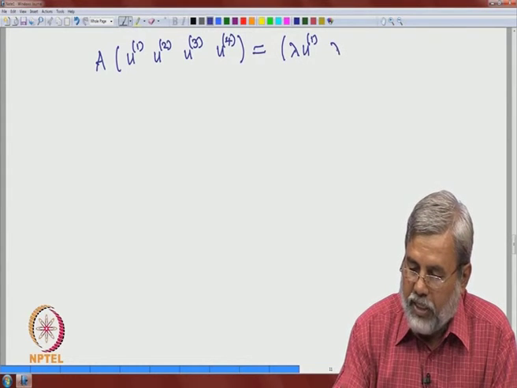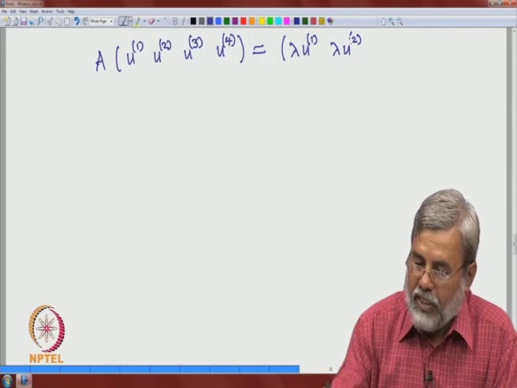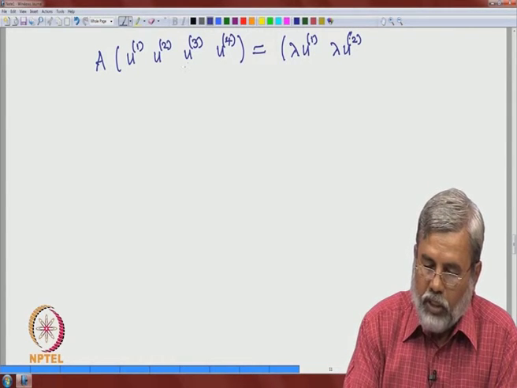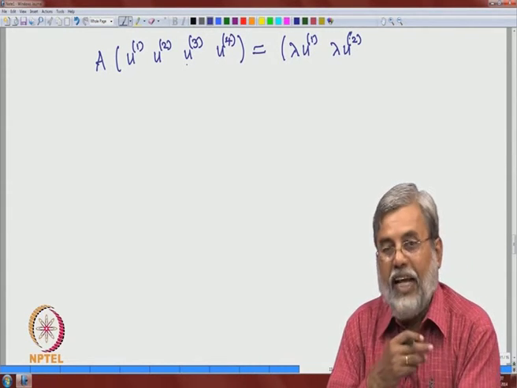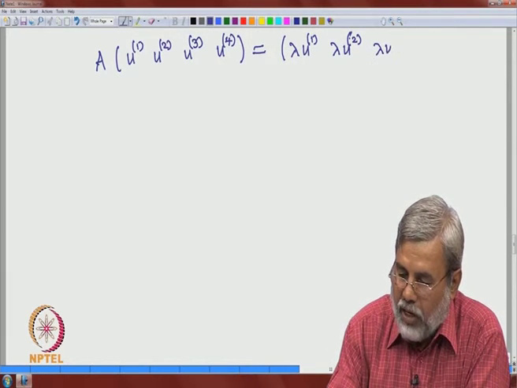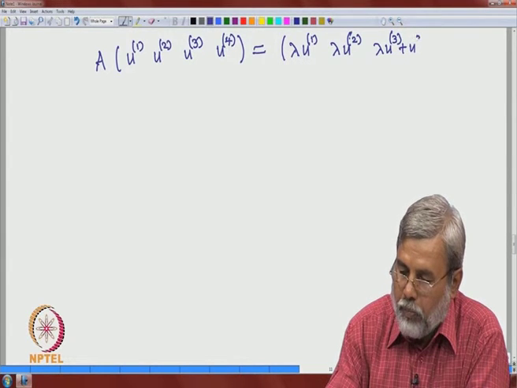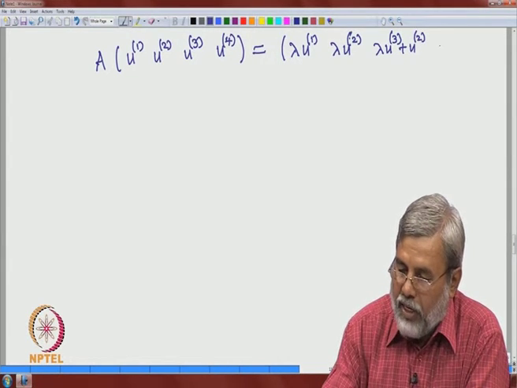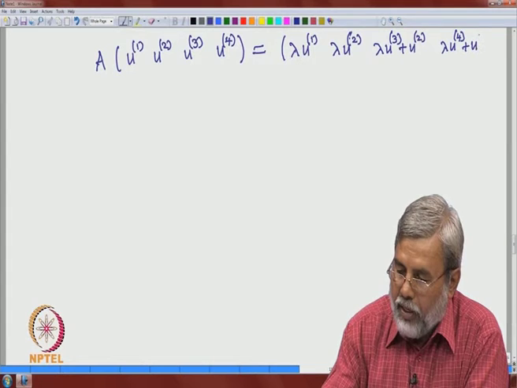So, that becomes just lambda u2, but u3 is in N2. So, if you work it out, you would see that A u3 is lambda u3 plus u2, and similarly you get lambda u4 plus u3.